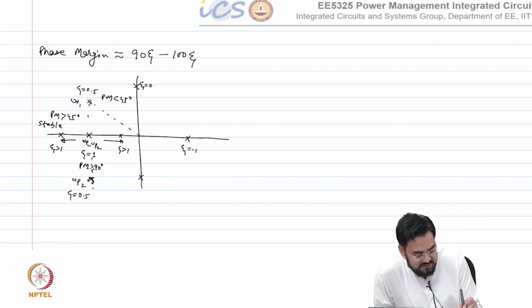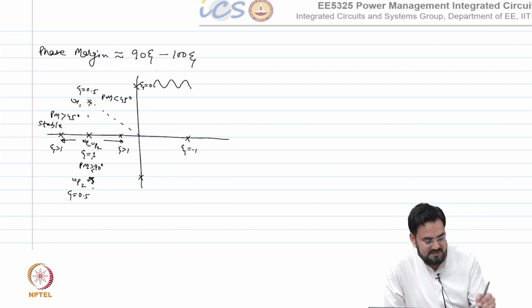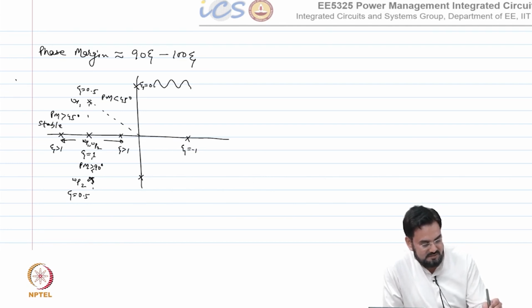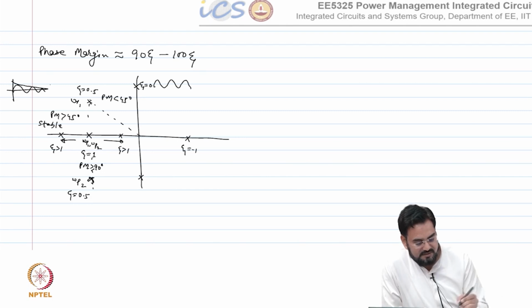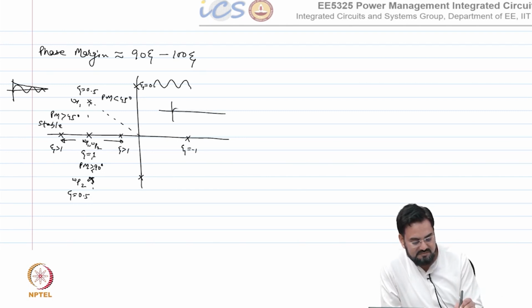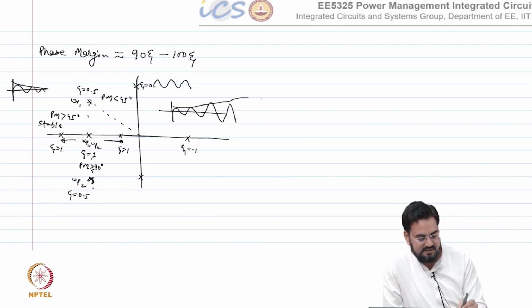So, here you will have perfect oscillations. What would happen in this region? You will have oscillations, but they will die out exponentially. Okay. And if you are here, then you will have oscillations, but they will build up exponentially.